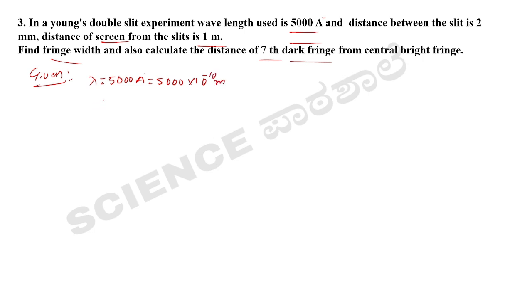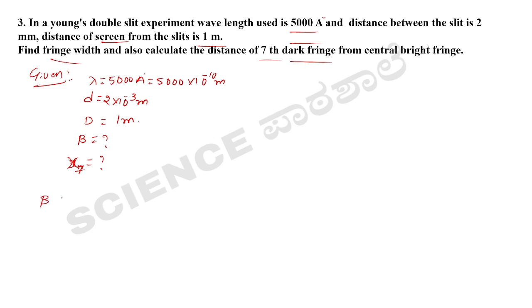Distance between the slits, that is small d, is equal to 2 into 10 raised to minus 3 meter, and capital D, distance between slits and screen, is 1 meter. What we have to calculate? Fringe width we have to calculate, and distance of 7th fringe, x7 we have to calculate, question mark.